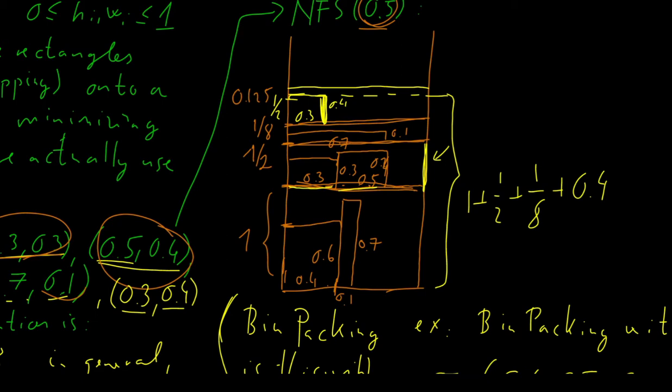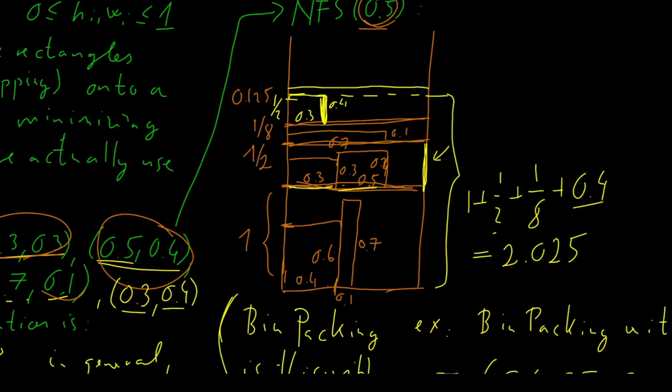So it's, well, it's around 1.9, so it's 2.025 in this case. Of course it's larger than the optimum at this point. So this is how the next fit shelf algorithm operates.